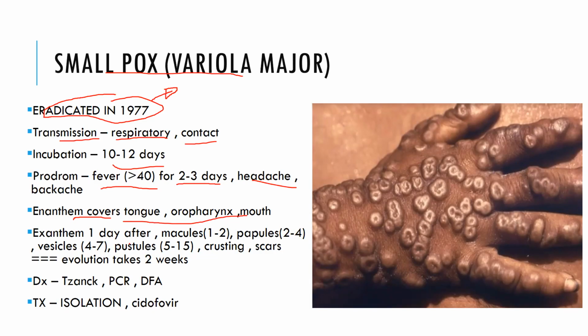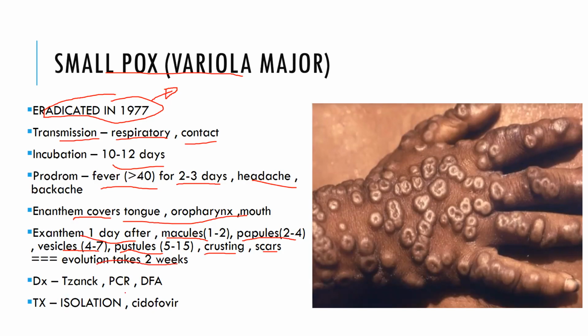One day later, the patient develops an exanthem, and this is the progression. It starts with macules in about 1 to 2 days. These turn into papules in about 2 to 3 days. They then become vesicles in 4 to 7 days. Later on they become infected and form pustules. After that, they crust and form scars. The evolution of this whole process takes about 2 weeks.